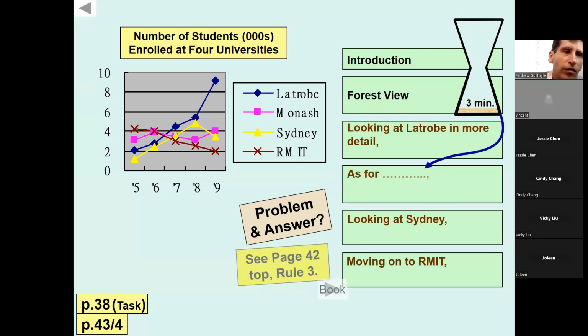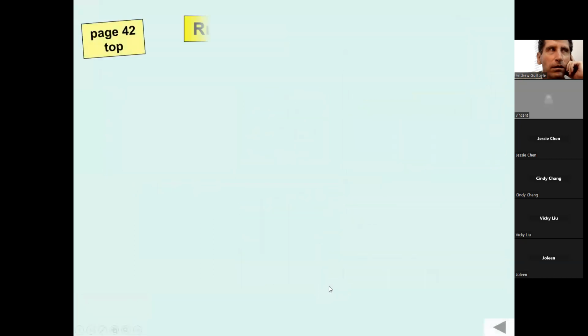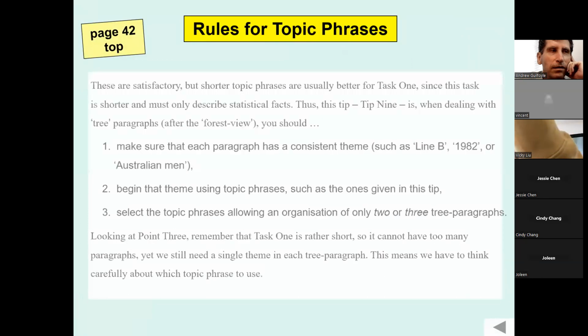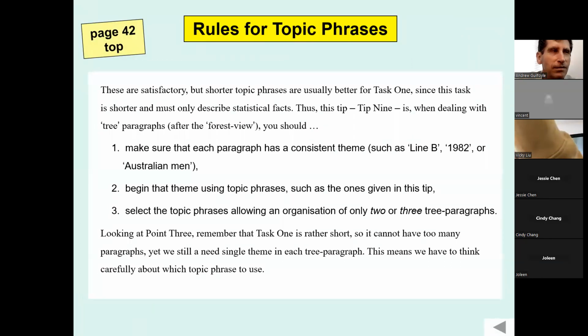Well, what's rule 3 on page 42? What's rule 3? Try to divide. No, this rule. Rule 3 here. Read it, Vicky.